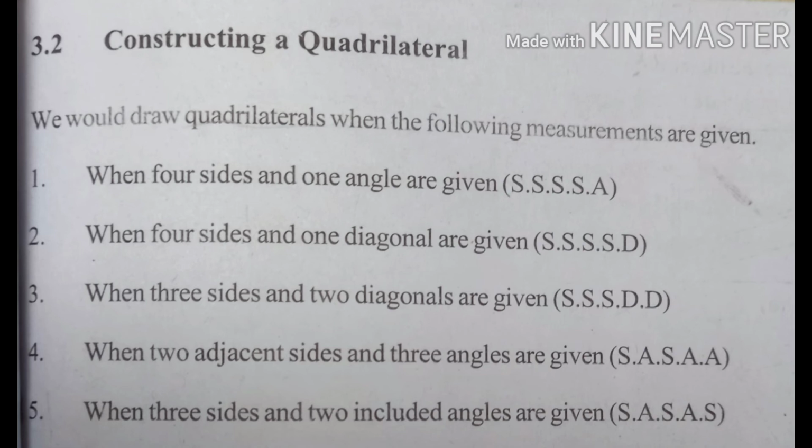In this session, we will discuss the first 2 methods, that is when 4 sides and 1 angle are given, and second, when 4 sides and 1 diagonal are given. Using these 2 methods, how can we construct a quadrilateral using these measurements? Children, all of you note down these points also in your notebook.